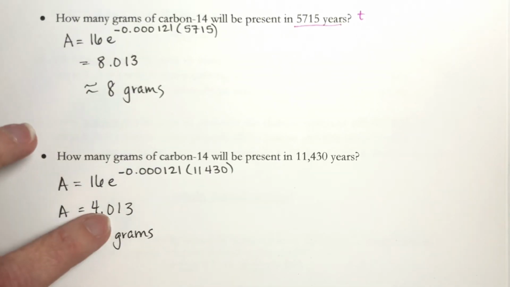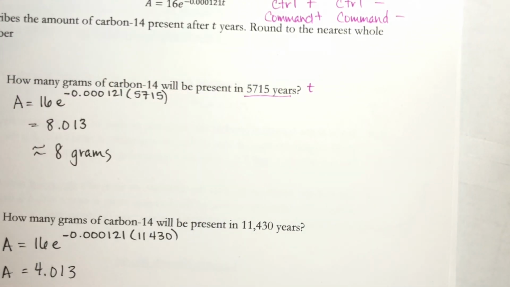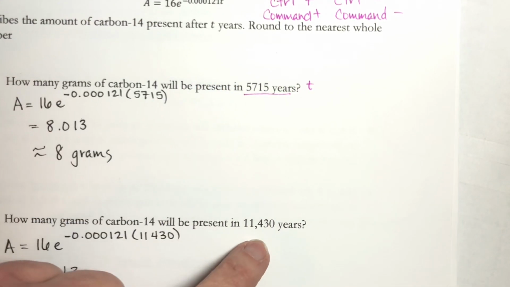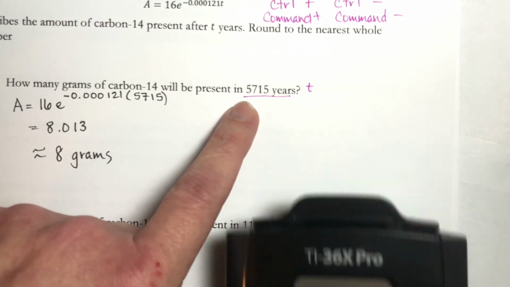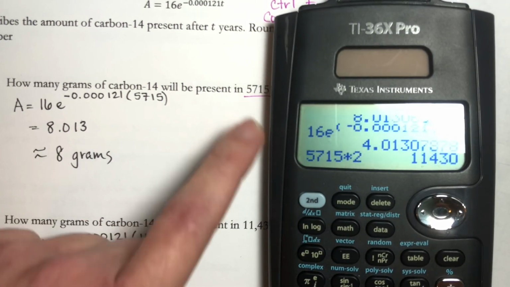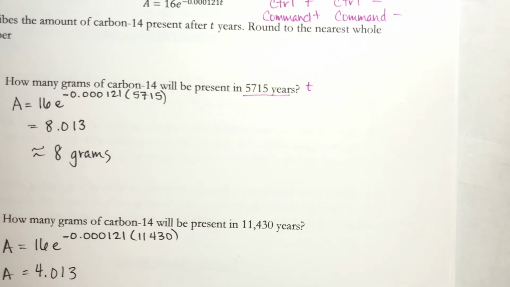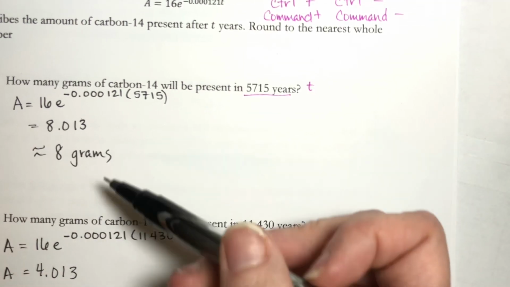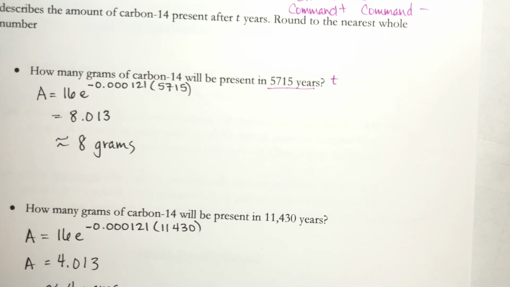We went from 8 to 4. Now, just to double check myself, I noticed this: is this value twice this value? I plugged it into my calculator, and you can see that it is. Since we had rounded right here, if it wasn't exactly 2 times that, I wouldn't have been concerned, but it was a very nice little check.